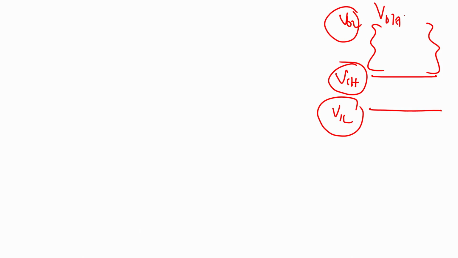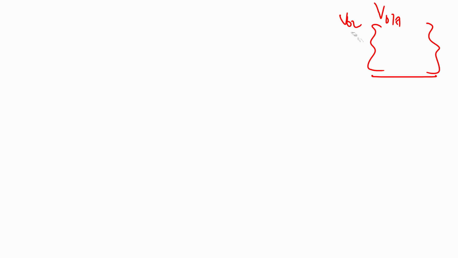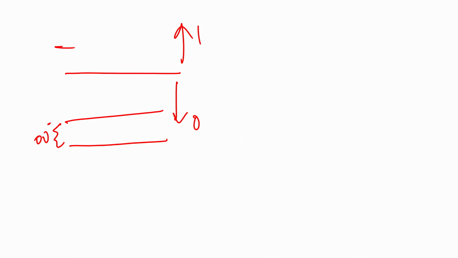I will not get into the full details of this, because this is actually not part of an analog design course, but the idea is that you will not put a single threshold and say that anything below this will be 0 and anything above this will be 1. What you will do is have a threshold below, and if your voltage is somewhere below this, only then will you take it as 0, and if your voltage is above this point you will take it as 1.